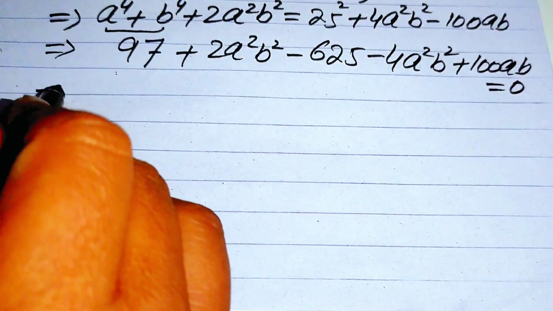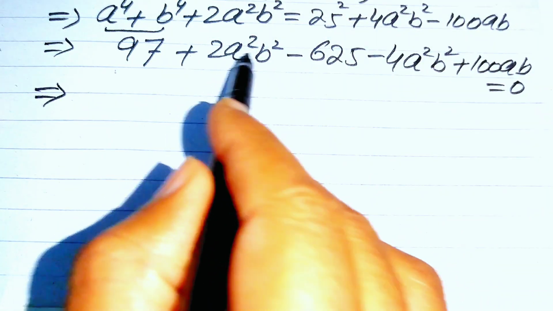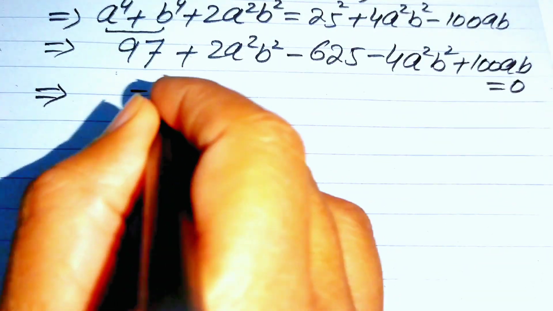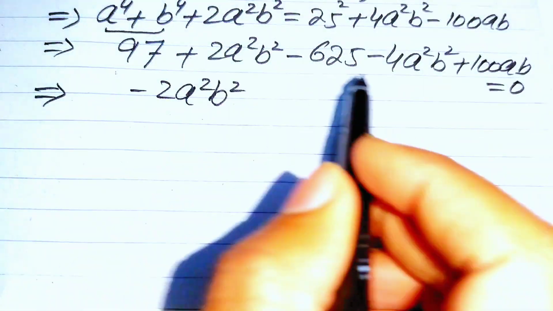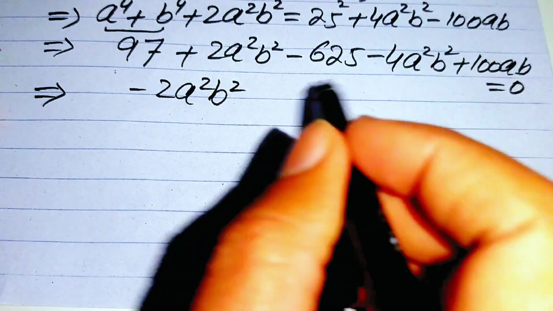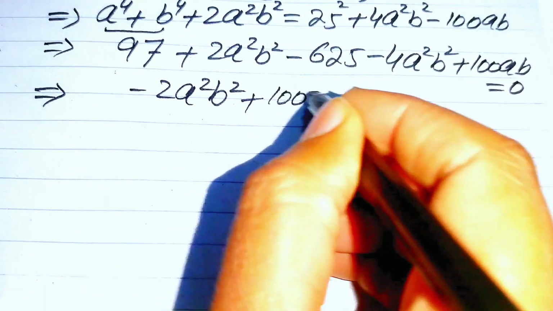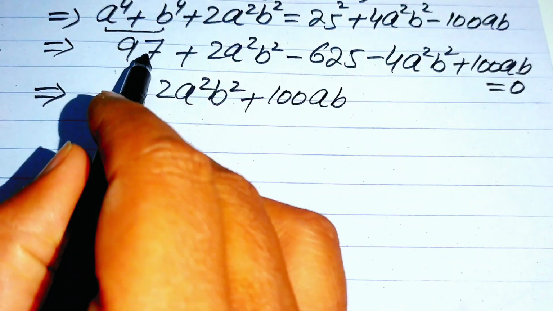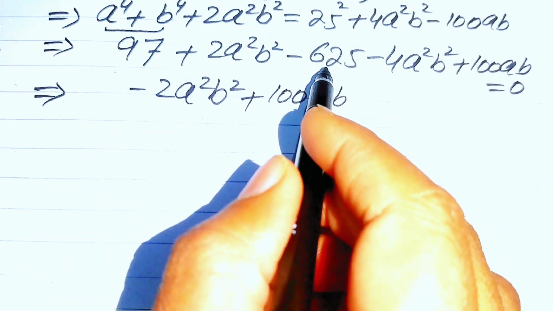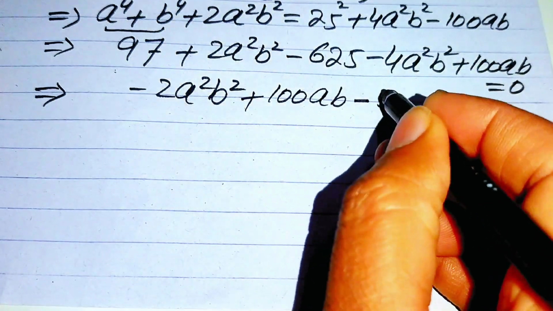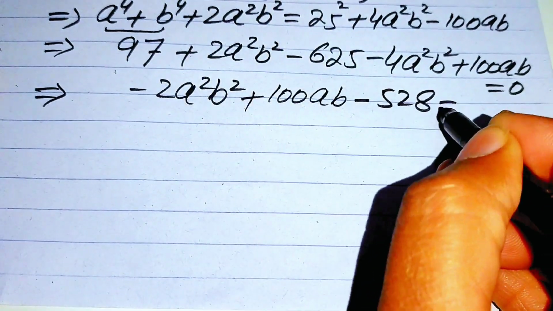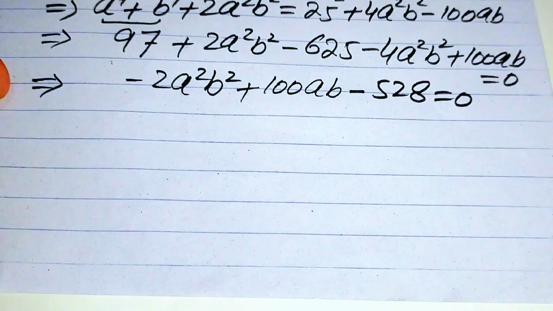Now we can rearrange the terms: 2 times a square b square minus 4 times a square b square becomes minus 2 times a square b square. After that we have plus 100 times ab, and 97 minus 625 equals minus 528, and this whole equation equals 0.